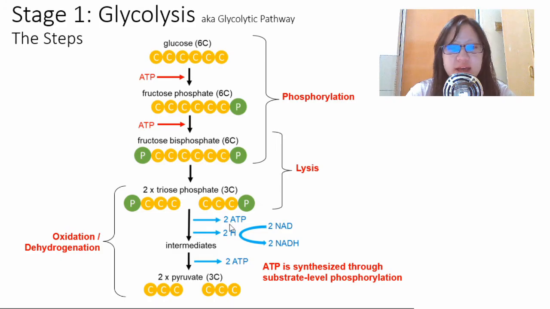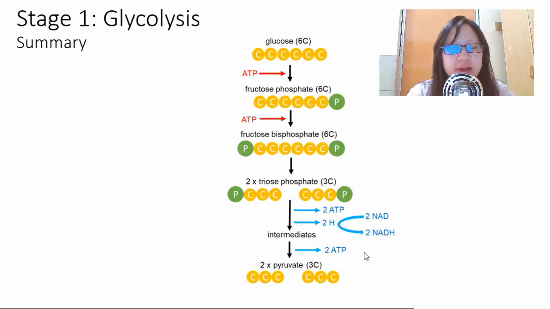And we say that this ATP here is synthesized by something we call substrate level phosphorylation. So this is individual molecules phosphorylating each other and forming ATP. Okay, so this is substrate level phosphorylation.